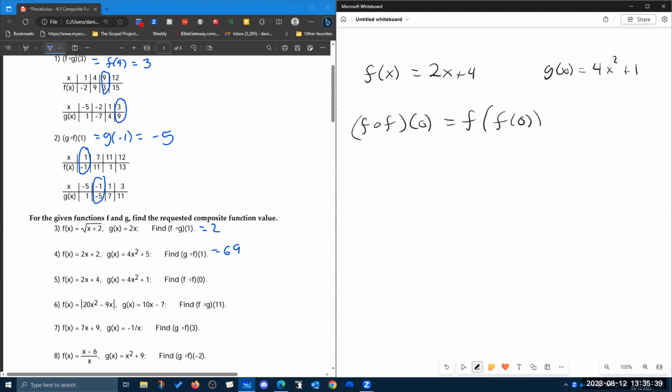So we're not going to be using g of x at all this time. f of 0 is 2 times 0 plus 4. 0 plus 4 is 4. So that's f of 4. And that's going to be 2 times 4 plus 4, which is 8 plus 4, which is 12.